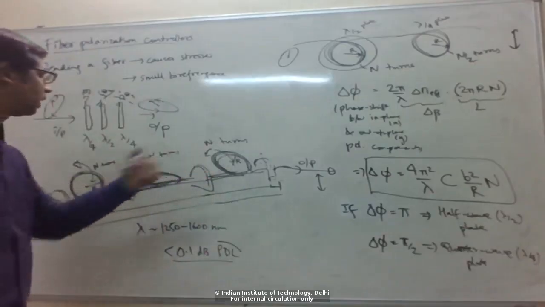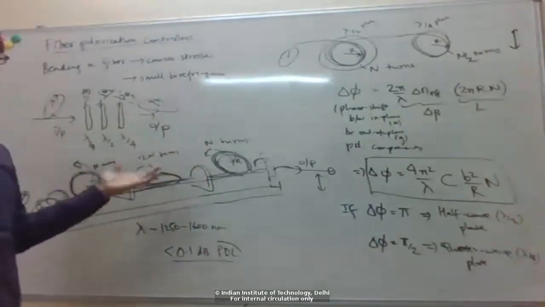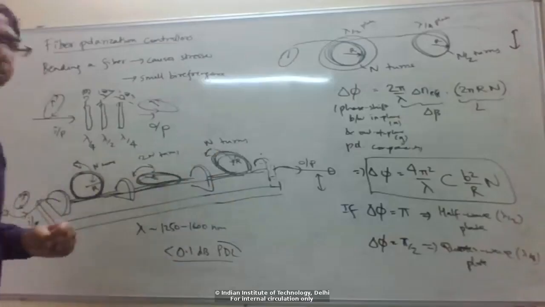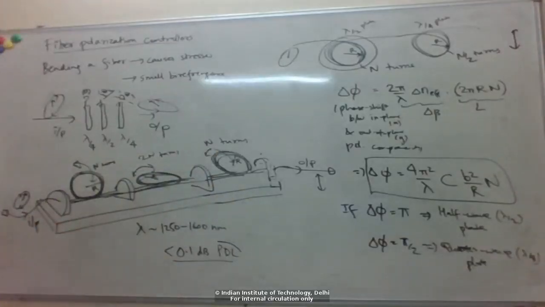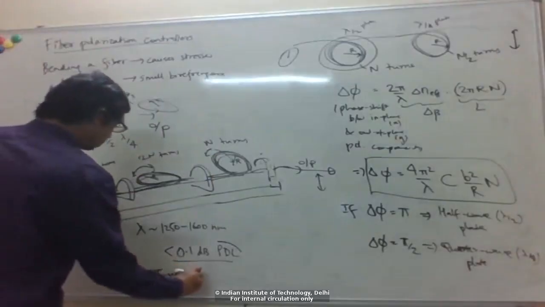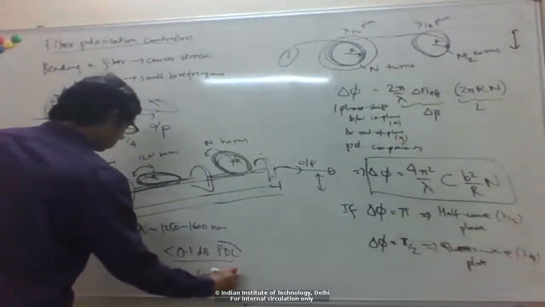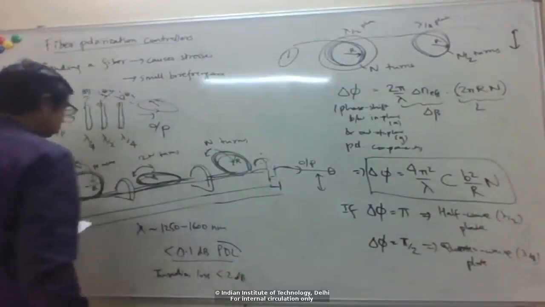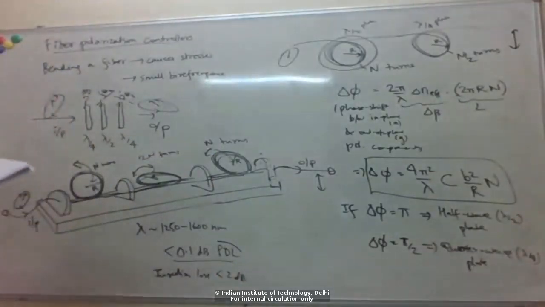And the insertion loss is typically 1 dB or less than 2 dB for this entire device. So these are very useful devices, fiber polarization controllers, used in various applications.